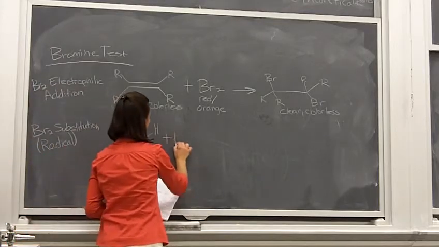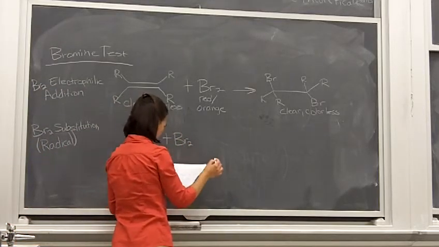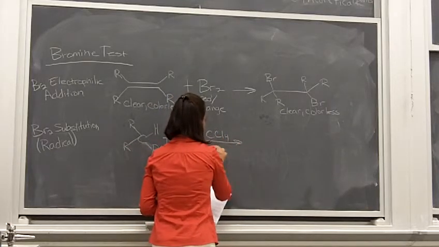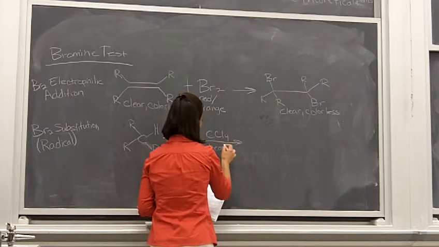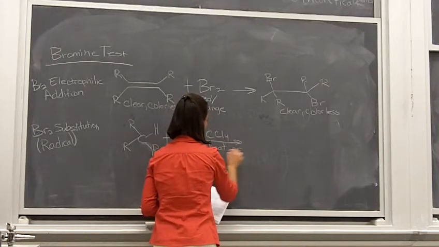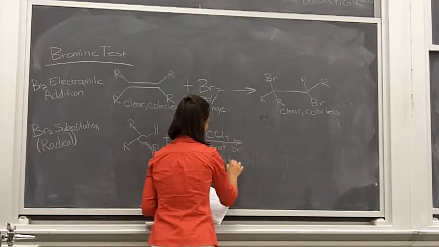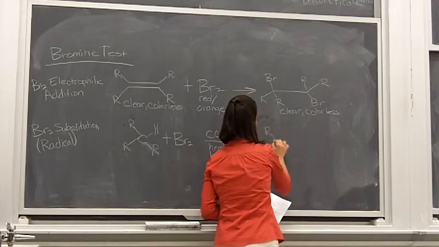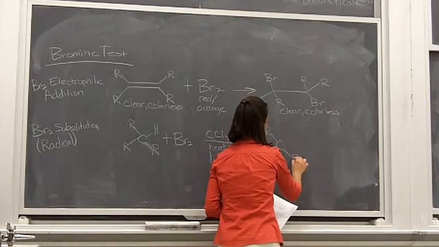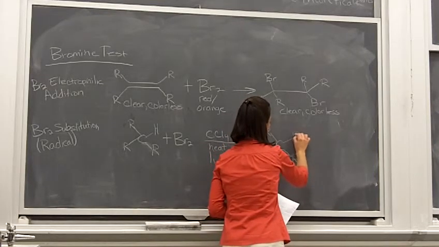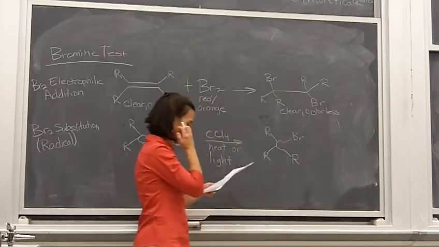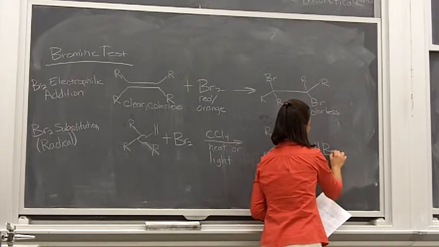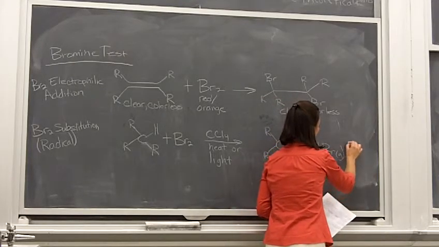We react that with bromine, and like I said, it's a solution of carbon tetrachloride. This solution reacts with this alkane in the presence of heat or light. And then what you get is a substitution reaction. Okay? And then you also are going to give off HBr gas with this.